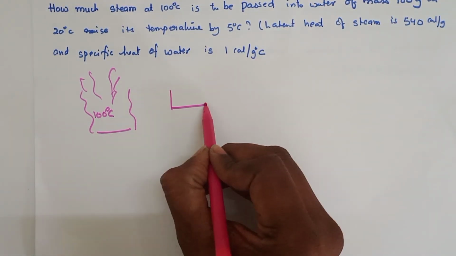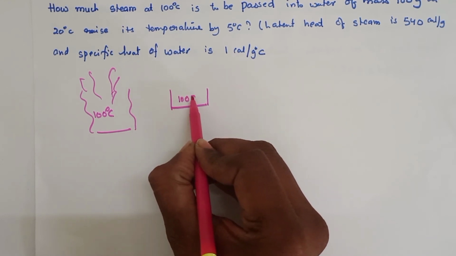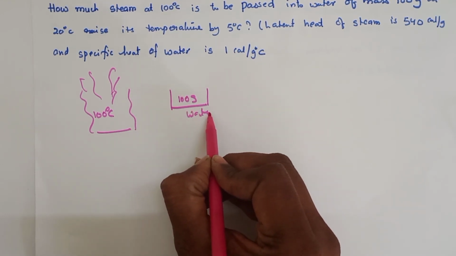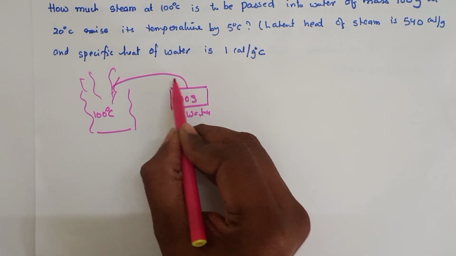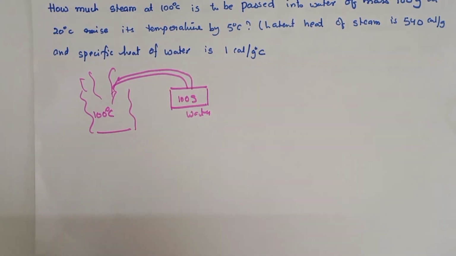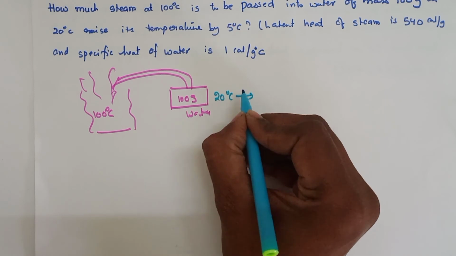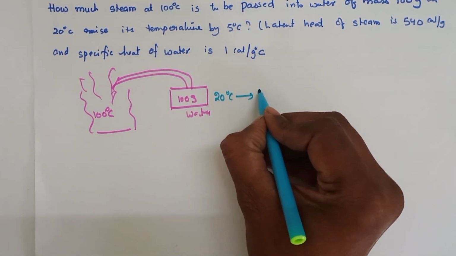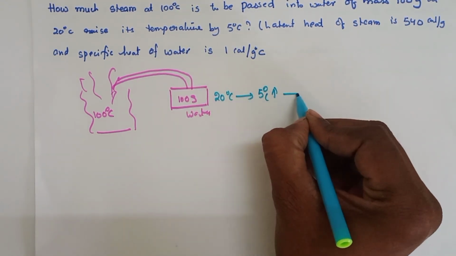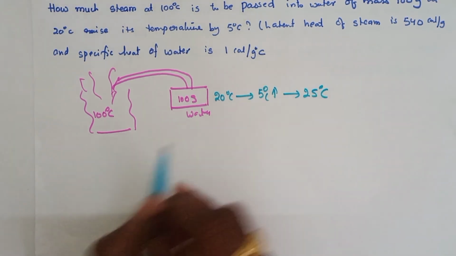Suppose this is a container with 100 grams of water, which is being passed steam, to raise the temperature from 20 degrees centigrade by 5 degrees centigrade, so it becomes 25 degrees centigrade.